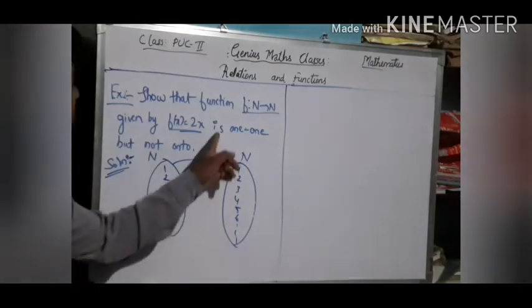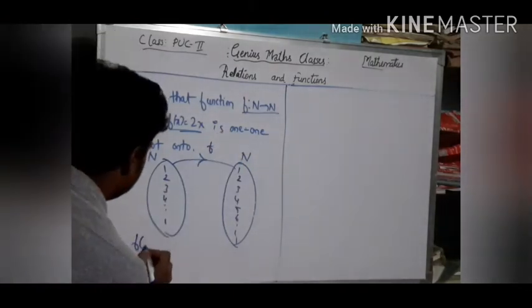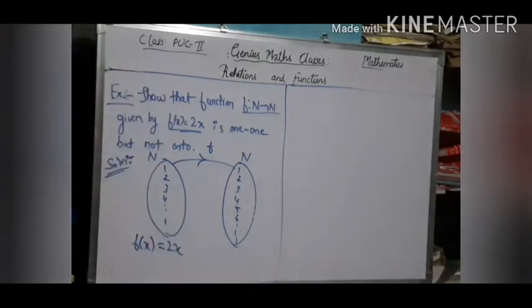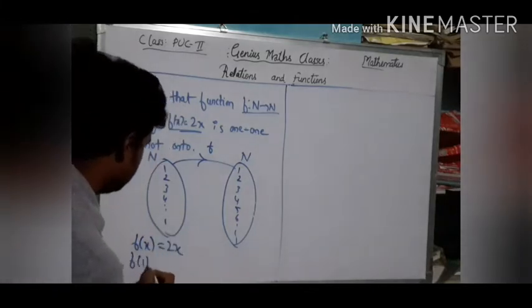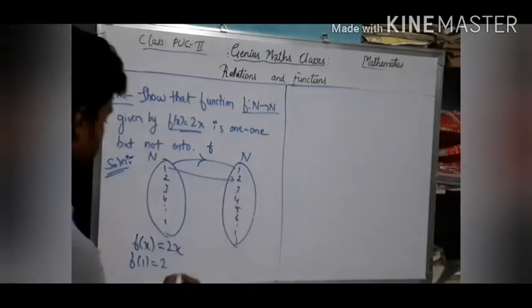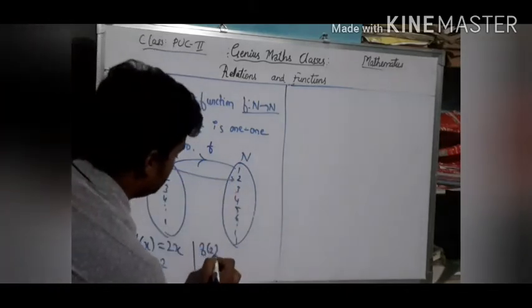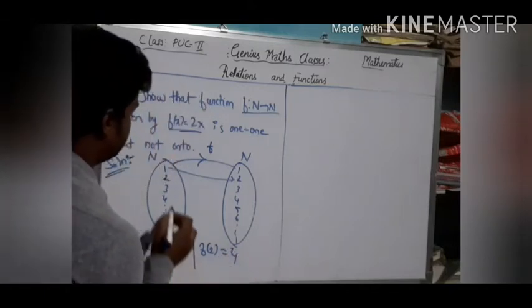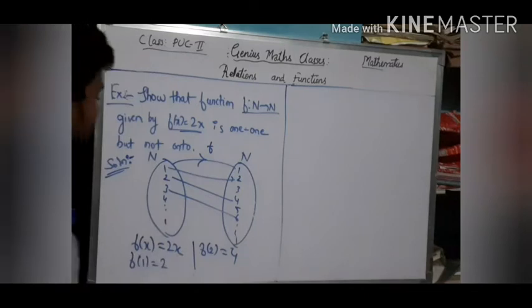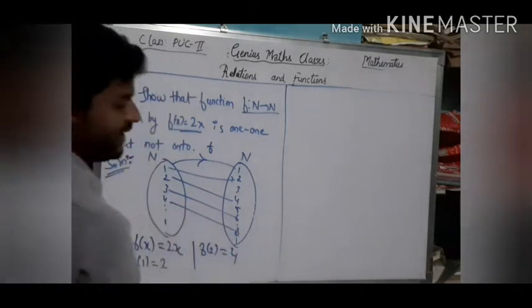The function is f of x equal to 2x. f of 1 is 2, so 1 is mapped to 2. f of 2 is 4, 2 goes to 4. f of 3 is 6. So it goes like that. f of 4 equals 8.